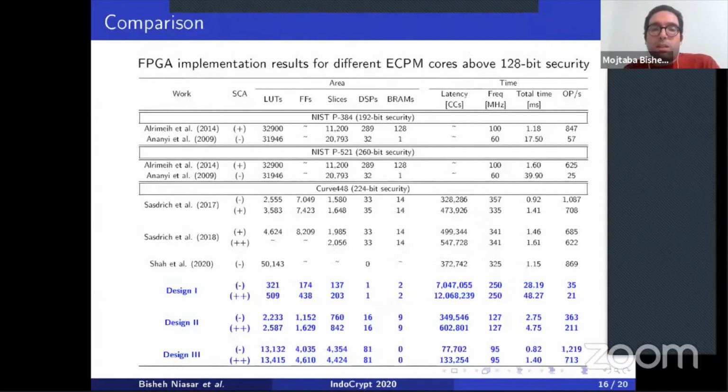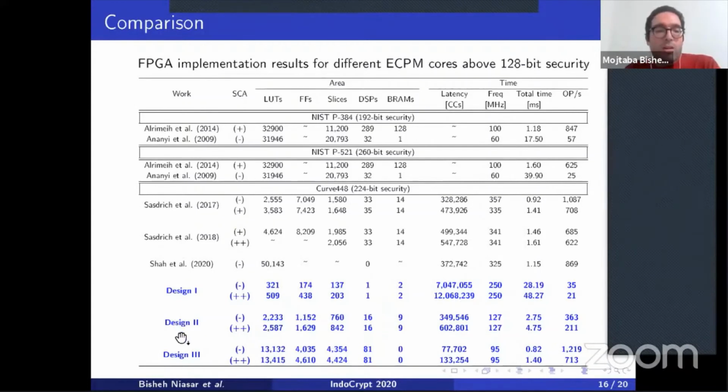We reported a comparison between our results and different results over curve 448, and some implementations for the security level above 128-bit security. As you see, our lightweight design needs only few resources compared to previous work at the cost of increasing the required cycles.